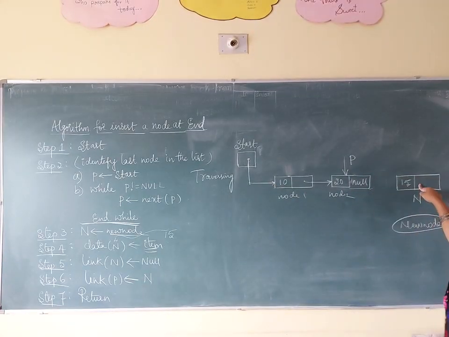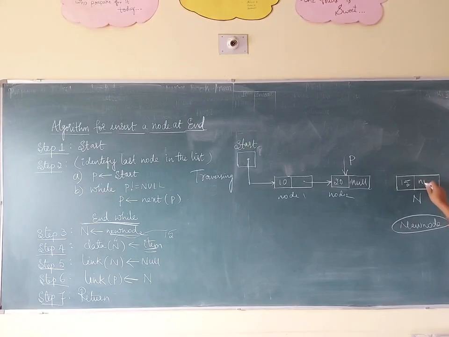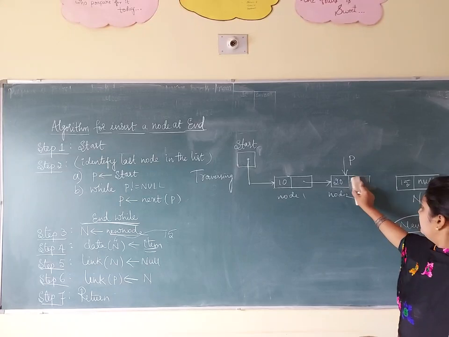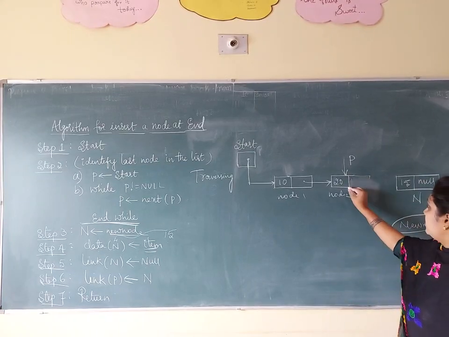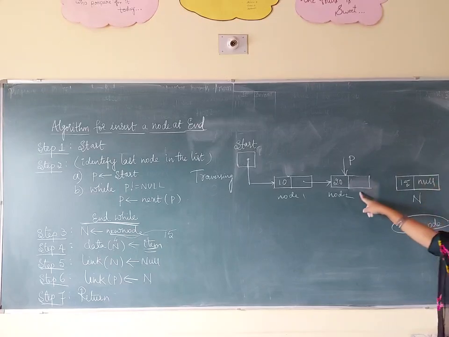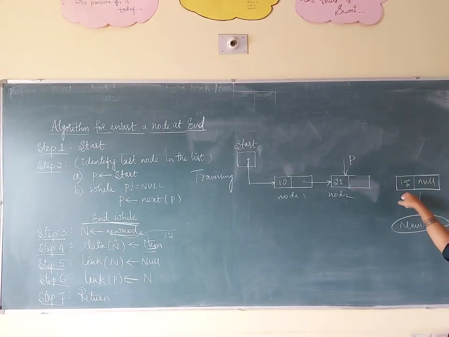So this link of n is filled with the null pointer. Okay, now that's it. It will be filled with null. Why? Because after this node we have created one new node, and this is your end of the node. That's why here you have to write null.